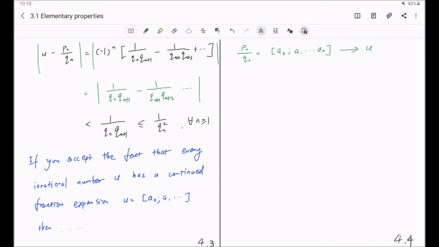And at the same time, you know by the lemma 3.1 that p sub n and q sub n are coprime. So as n goes to infinity, this fraction will change, and the denominator will get bigger and bigger. And you will get infinitely many of those fractions satisfying this inequality. And this can be summarized into the following theorem.